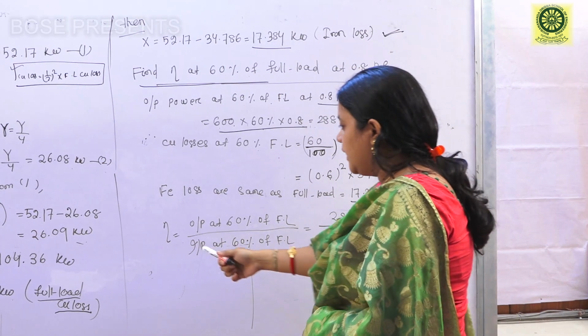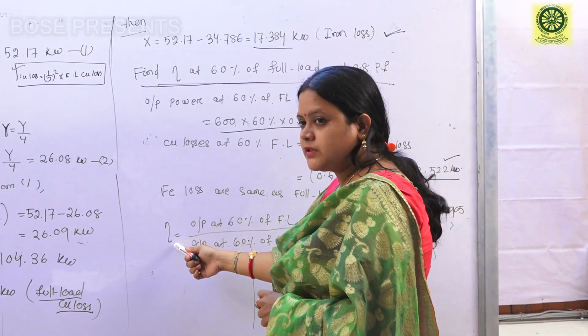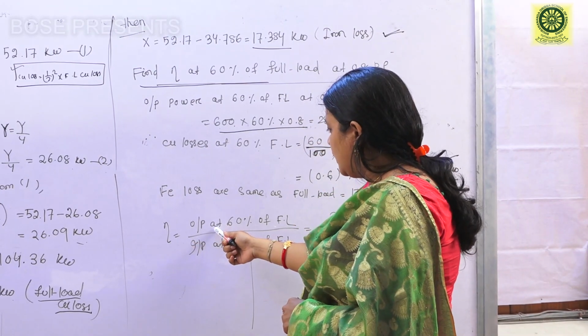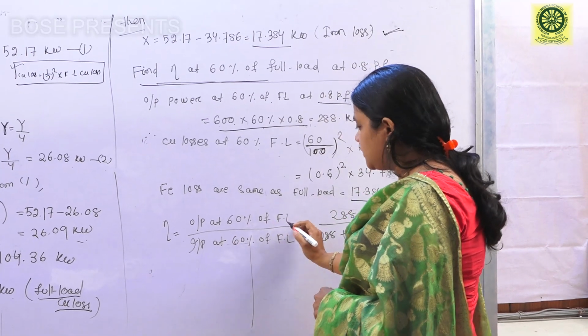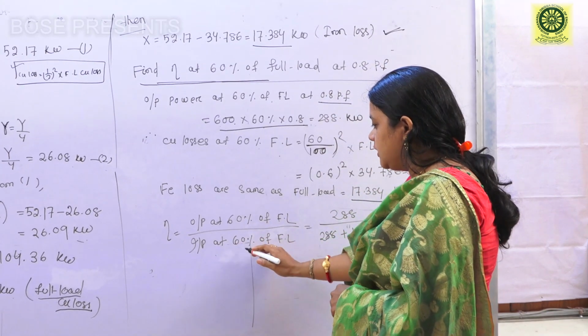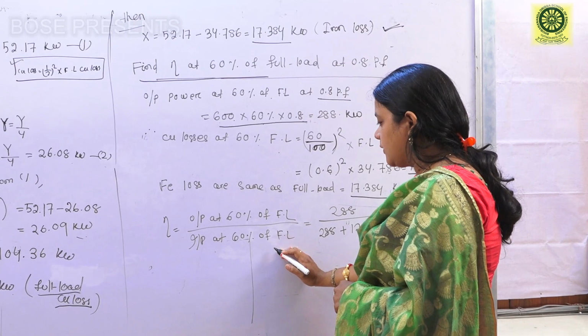Now to find the efficiency. So efficiency is equal to output at 60% of full load divided by the input at 60% of full load.